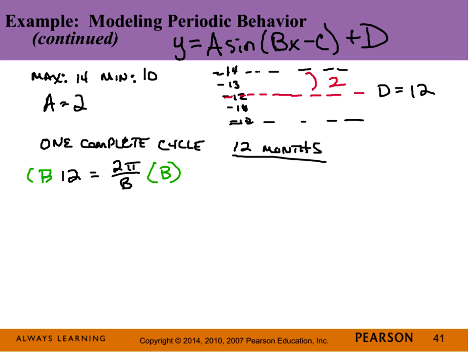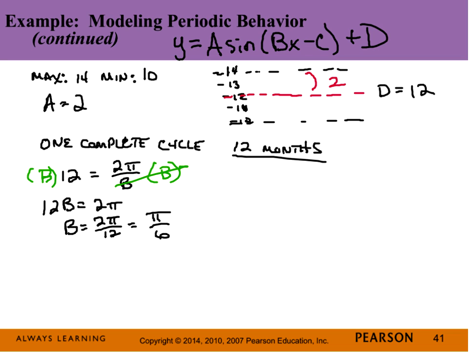If I multiply both sides by B, it gets that out of the denominator, and I'm left with 12B equal to 2 pi. Divide 12 off of both sides, and I get B is 2 pi over 12, which is pi over 6.